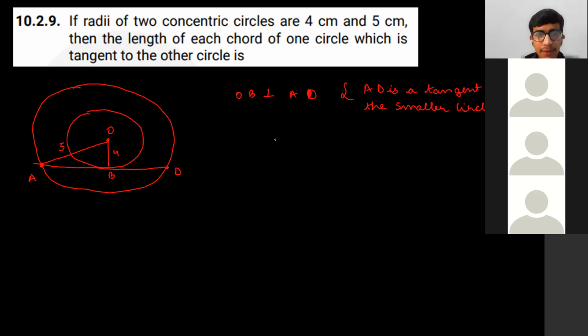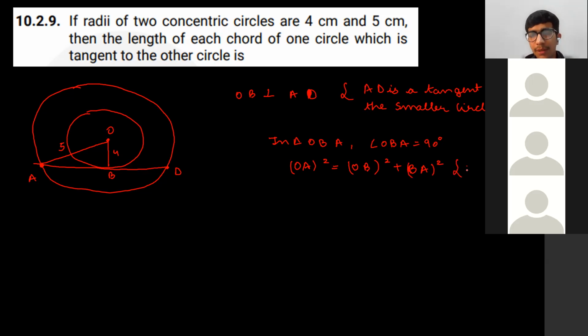Then you'll write, in triangle OBA, angle OBA is equal to 90 degrees. Therefore, we can apply the Pythagoras theorem. So that means OA whole square is equal to OB whole square plus BA whole square.